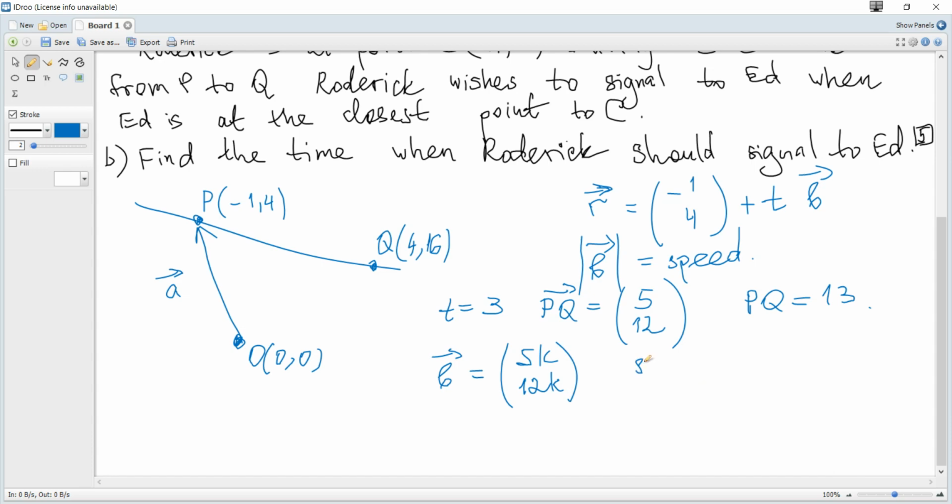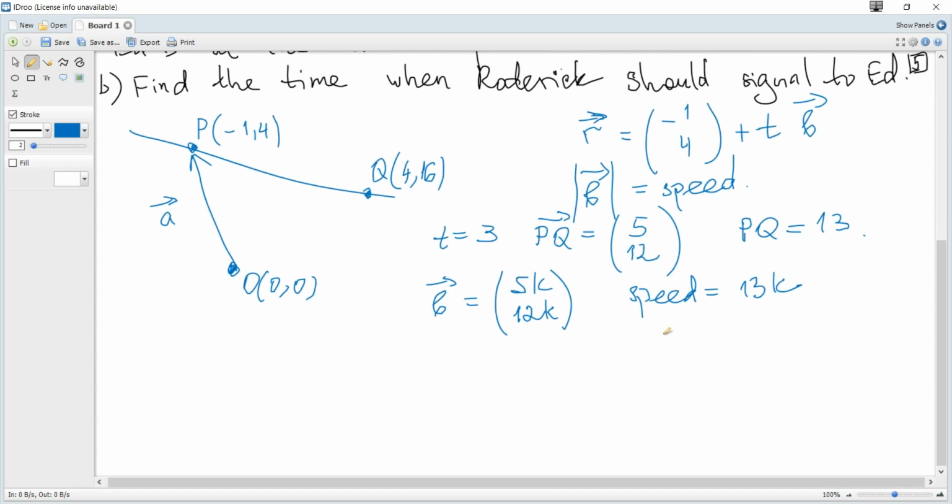And now speed becomes square root of (5k) squared plus (12k) squared, which is 13k, and hence speed, which is 13k, multiplied by time should be equal to distance traveled. And we can see that k is 1/3, and hence velocity vector becomes 5/3, 12/3, which is 4.